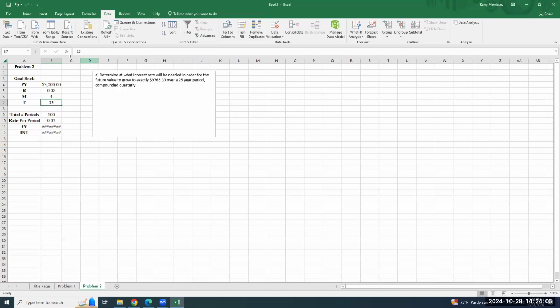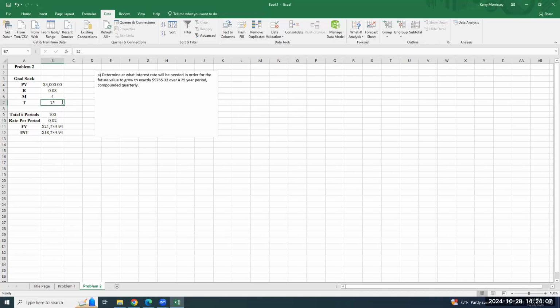We have 25 here as our time. They do tell us that it's quarterly, so we can do that. We don't know exactly that it is 8%. And then we don't have a present value to work with, but that's okay.